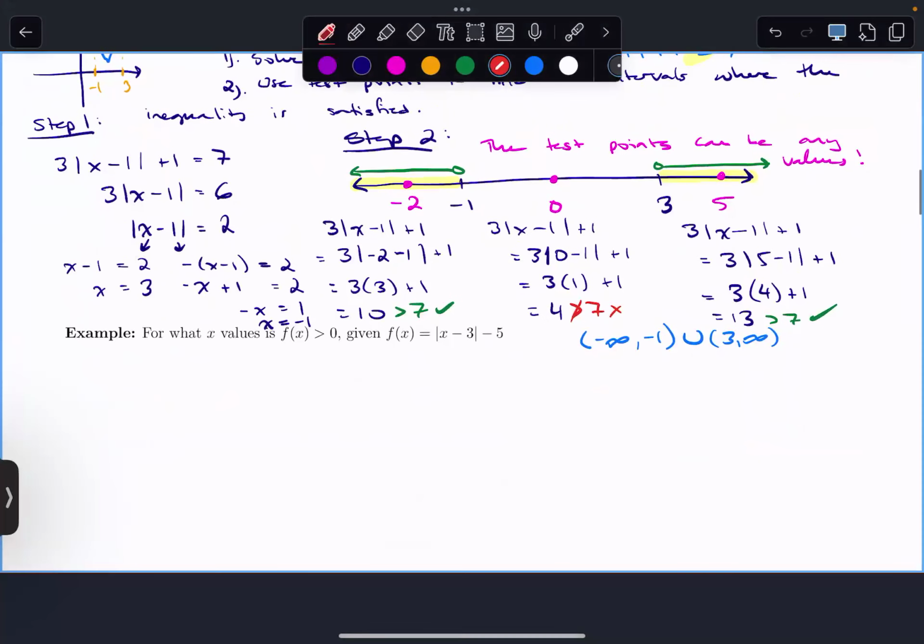So we want to know, how about I do it without drawing it to show you that it still works? Although, like I said, it's helpful. We want to know where the absolute value of x minus 3, minus 5, is greater than 0.